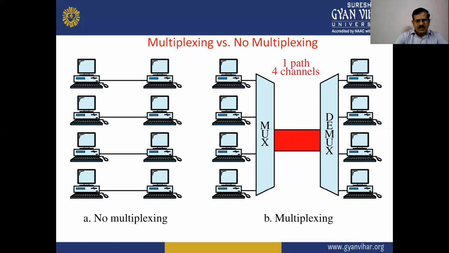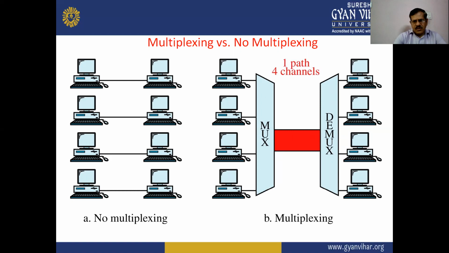In no multiplexing, different systems are connected one by one to other systems. In multiplexing, the different systems are connected to the multiplexer, and this multiplexer combines different system inputs into one path or one channel.